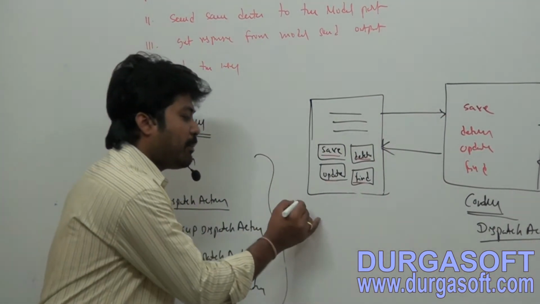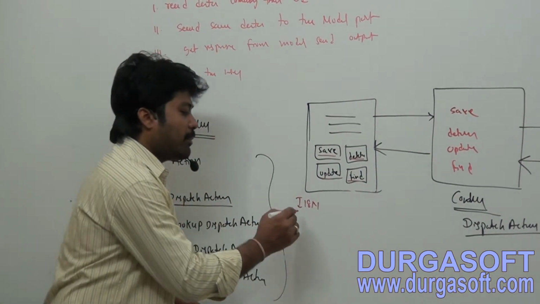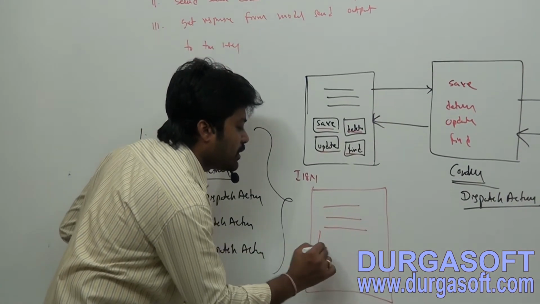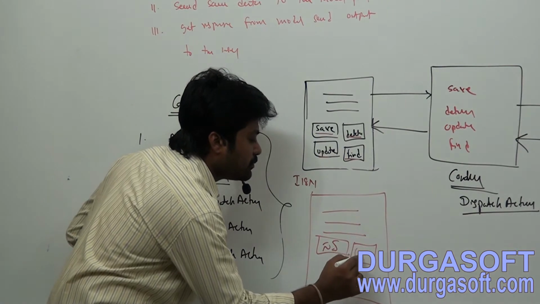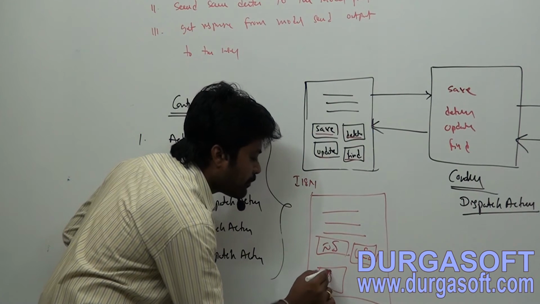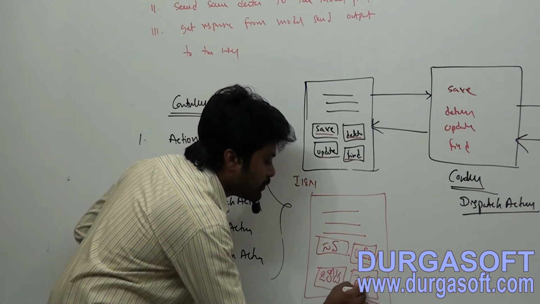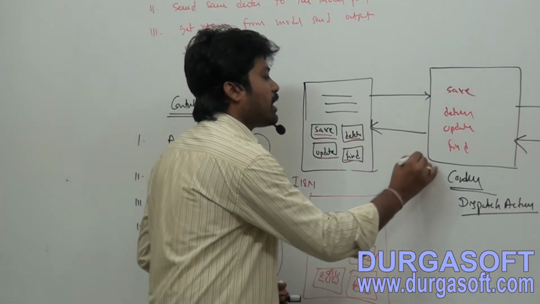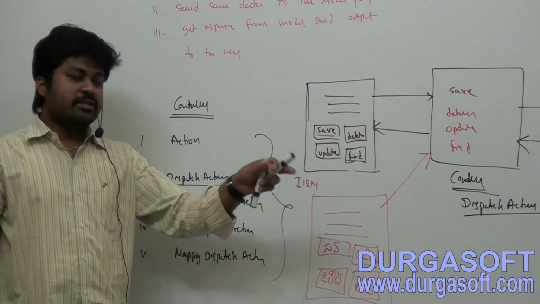Let's say I apply internationalization to my form, these values will change into our native languages. If I apply Telugu internationalization, my form data converts into the Telugu language: save, update, delete, find in Telugu. In that case, if you hit your controller and it does not find any Telugu language methods, there is a chance of getting exceptions.